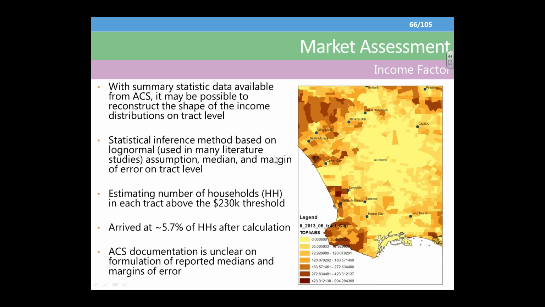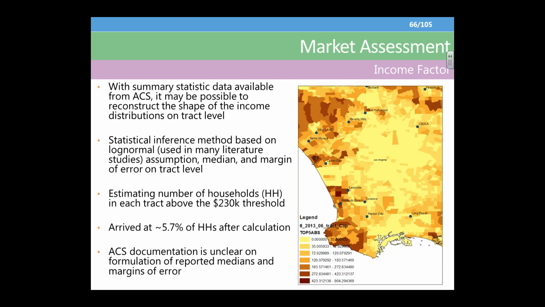The other is that with the summary statistics available from ACS, you can, with only a few assumptions, try to recreate what the income distribution is at the tract level, essentially using the median and the margin of error.